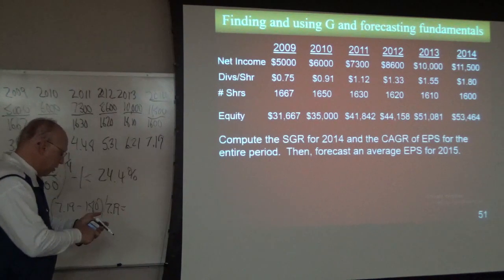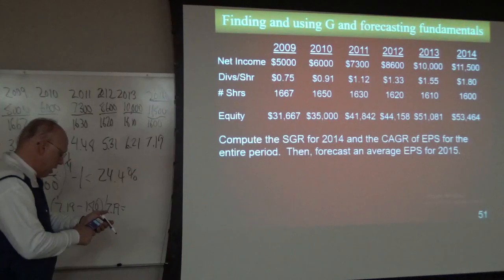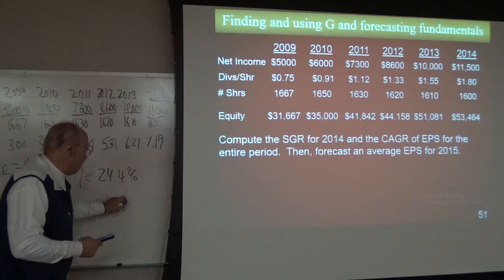So let's clear the calculator out. 7.19 minus 1.8 equals, divided by 7.19 equals 75%.